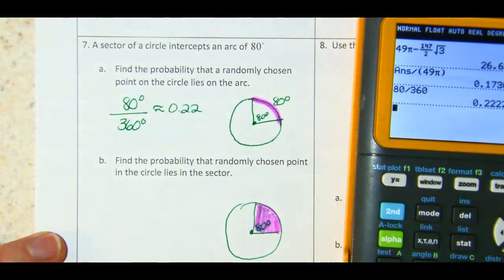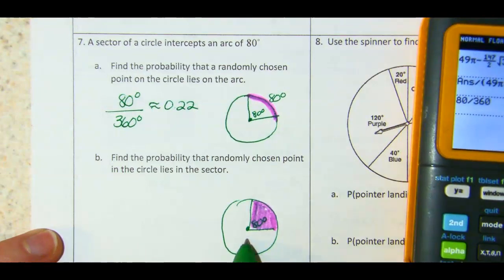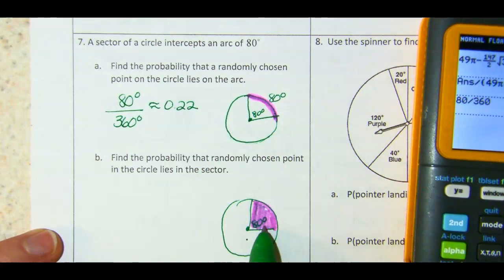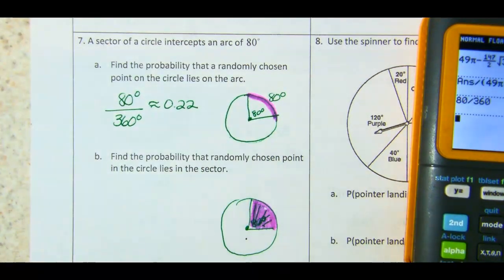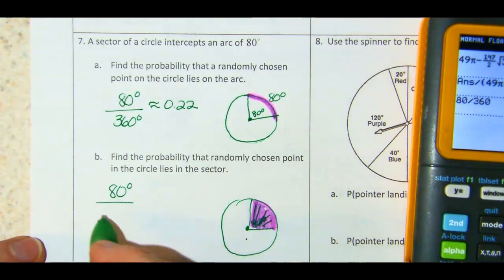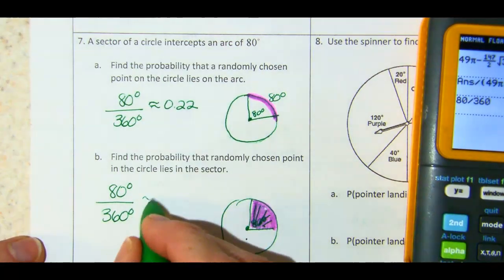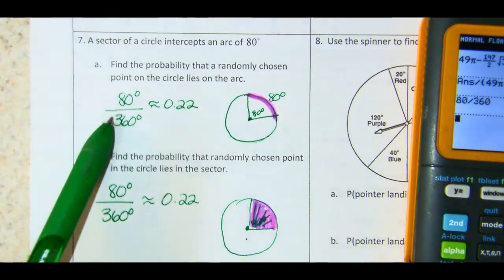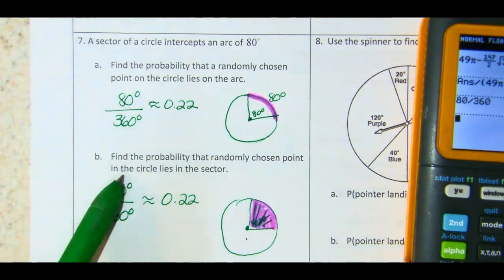Okay? Now for this one, what's interesting is this is around the circle, but this here is 80 degrees of the whole circle. Well, the whole circle is 360. So what's interesting is it's the same answer, because you can see here and here you get the same thing.